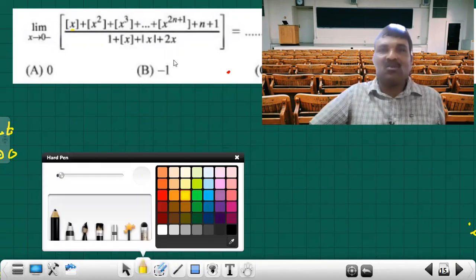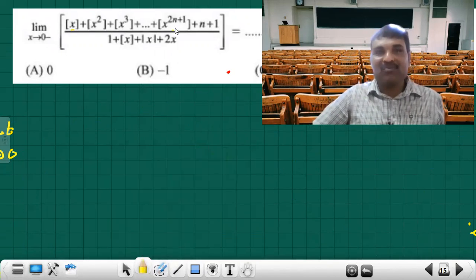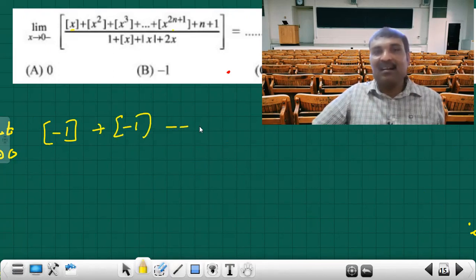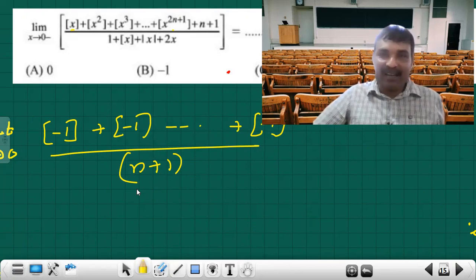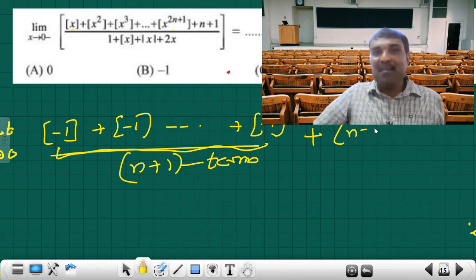So how many terms do we have in total? 2n plus 1 terms, so n plus 1 odd terms. While applying the limit, we have minus 1 plus minus 1 up to minus 1. How many terms? There are n plus 1 odd terms and n even terms. The even terms become 0, plus this is n plus 1 terms, and plus n plus 1.